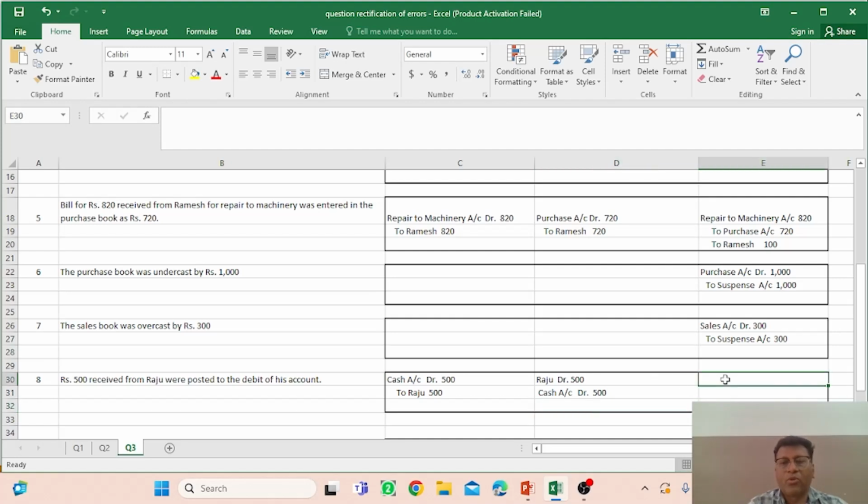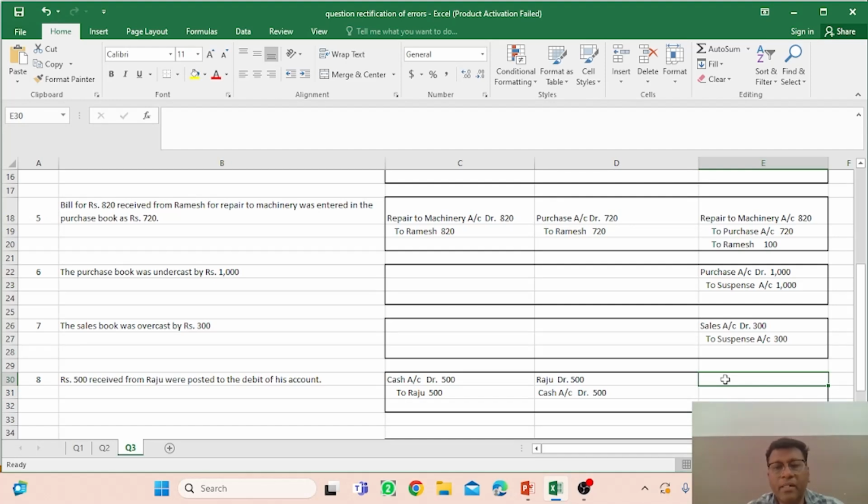Cash account should be debited, and it was already debited, it was not written in the credit side. So you don't need to enter this amount again, because the cash account was posted by rupees 500. There is no need to enter any amount again in the cash account.